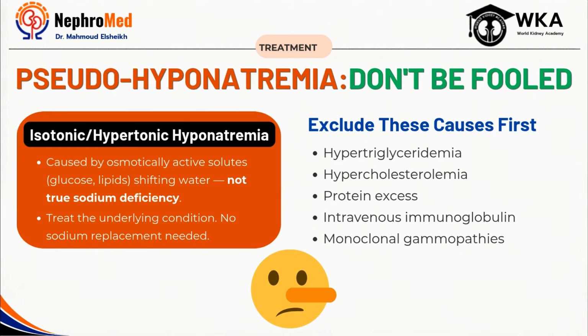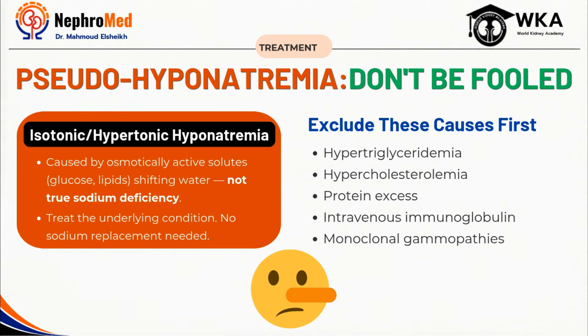Before labeling a patient as having true hypotonic hyponatremia, we must first exclude pseudohyponatremia or another entity, translocational causes, because not every low sodium value reflects true sodium deficiency or excess body water. In pseudohyponatremia, the measured serum sodium appears low, but plasma tonicity is actually normal. This happens because of marked expansion of the non-aqueous phase of plasma, especially lipids or proteins.